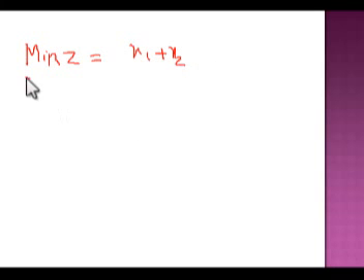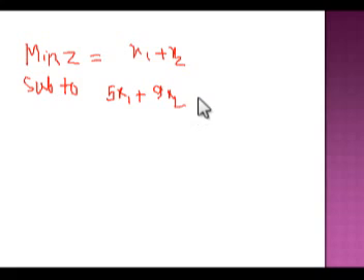Now this is subject to the constraints: 5x1 plus 9x2 less than or equal to 45.